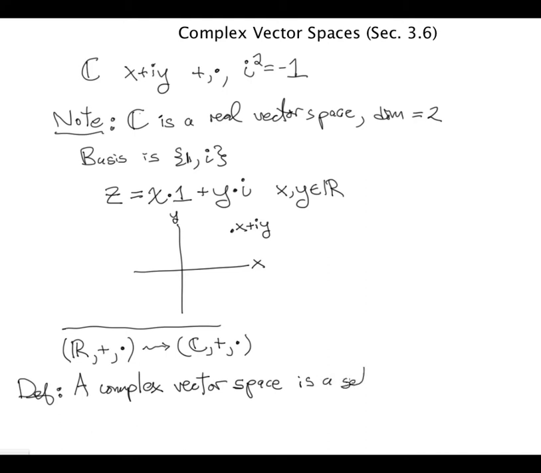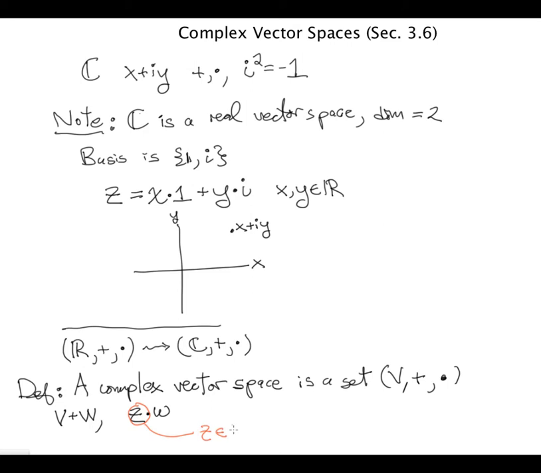It's a set V together with two operations where you can add two vectors, and that's vector addition, and there's scalar multiplication, where the only difference now is that you allow z to be a complex number.